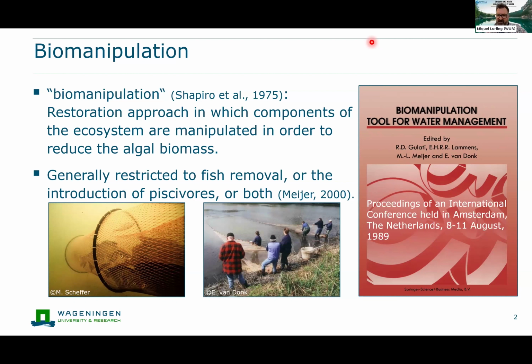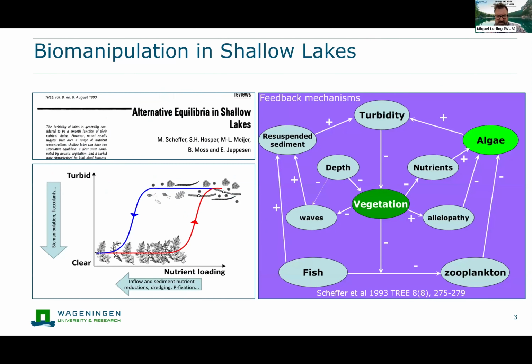It became quite popular in the Netherlands in the late 80s, and that had everything to do with the situation of the Dutch lakes. Dutch lakes are mostly shallow lakes, and despite external nutrient load reductions, they didn't clear up. So additional measures were needed. In those shallow lakes, we usually see two states: a turbid state with a lot of phytoplankton, cyanobacteria, or a clear water state with quite some submerged macrophytes flourishing.